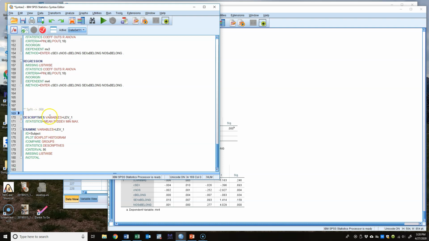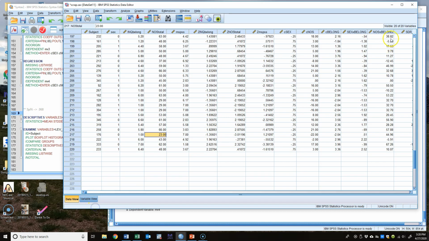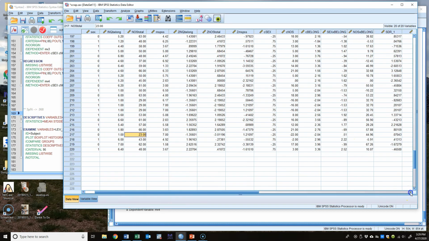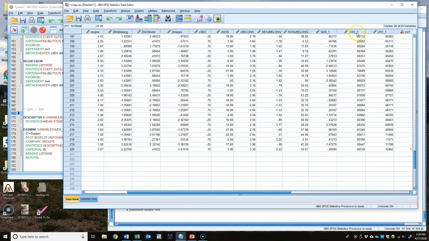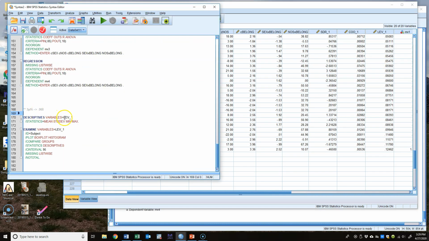So what we're going to do here is look at our measure of influence, remember, as our Cook's D. So I'm going to look at my saved value for Cook's D here.